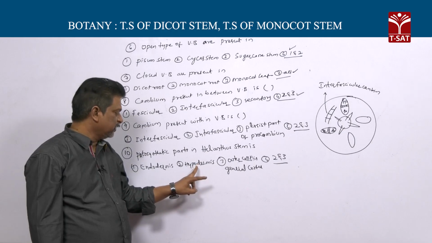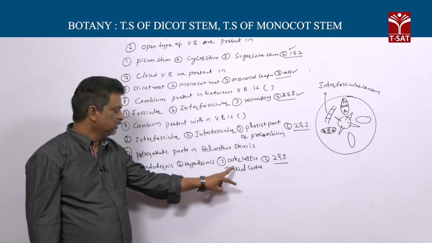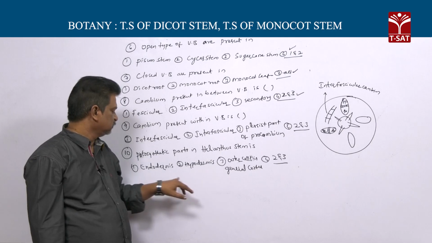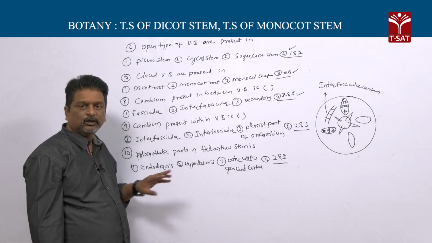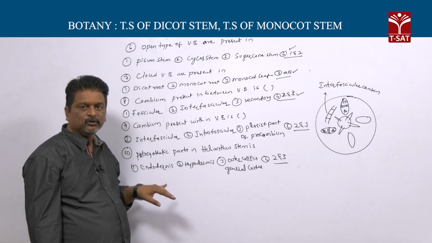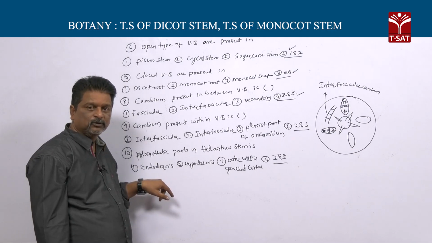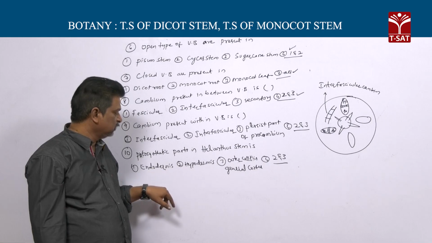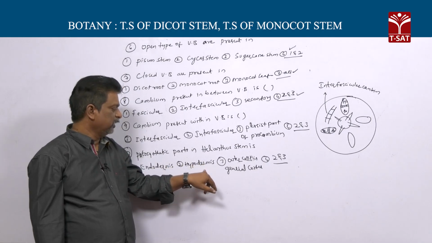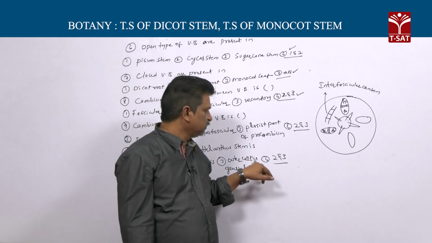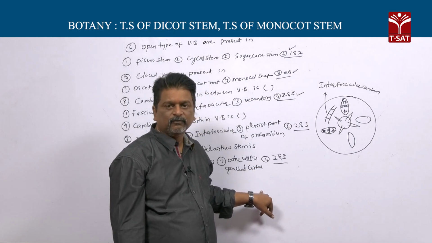So, the photosynthetic parts are hypodermis and outer cells in cortex, but not endodermis. In endodermis, there is no chloroplast. It cannot synthesize food, but it can store food. So, endodermis stores food, while hypodermis and outer cells in the general cortex prepare food.